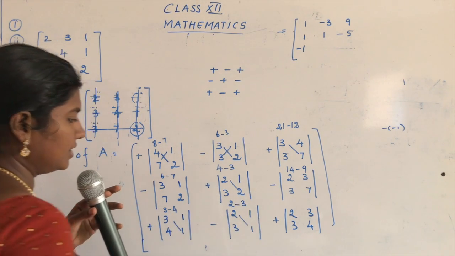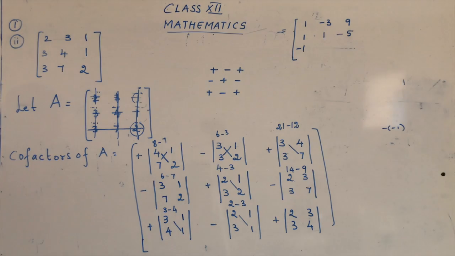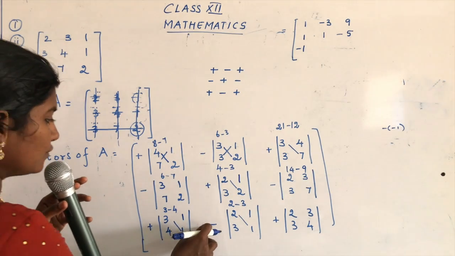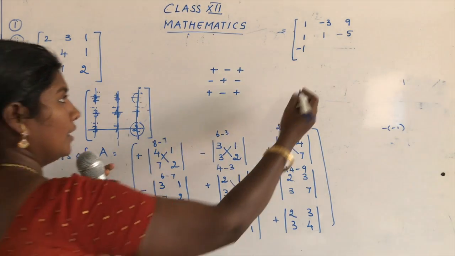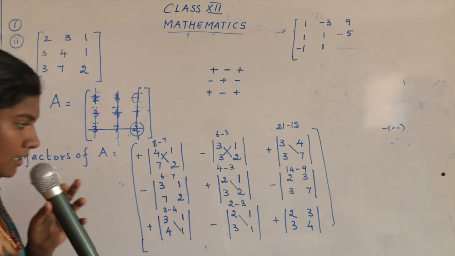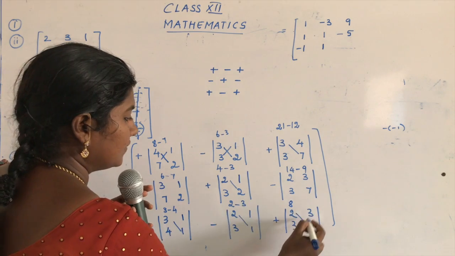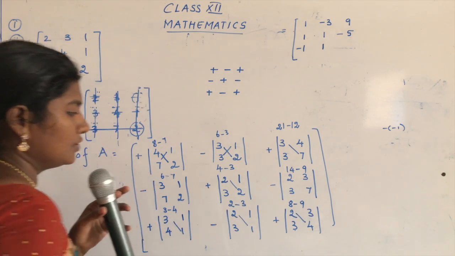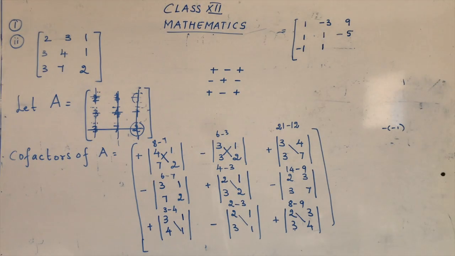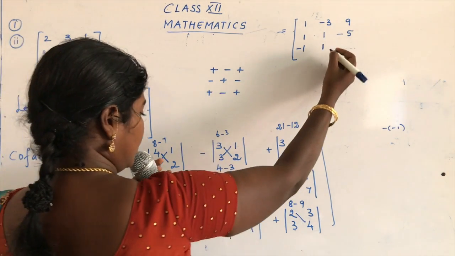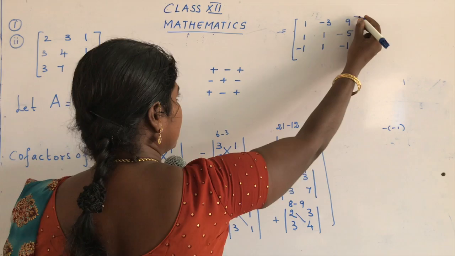So 2 minus 3, it's minus 1, and you have a minus sign outside. So minus and minus 1 becomes plus 1. Next thing. 2 fours are 8. 3 threes are 9. So 8 minus 9 is minus 1. We have a positive sign here. The sign will not change. So you have the answer here, minus 1.